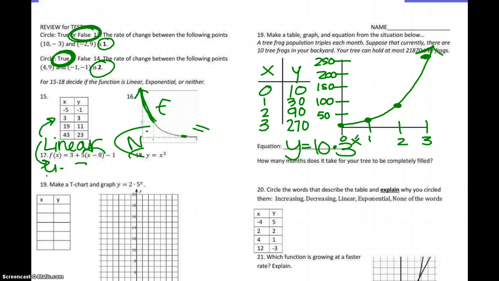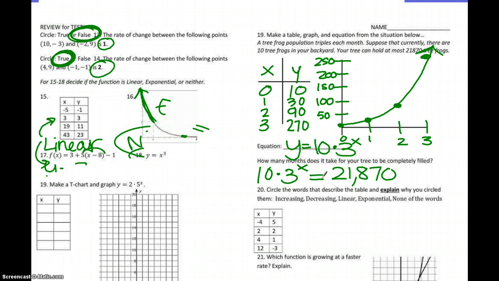That's our equation. And to figure out when we're going to have, we need to know when do we get 21,870 or more. So when do we equal that, or when do we get more than that?